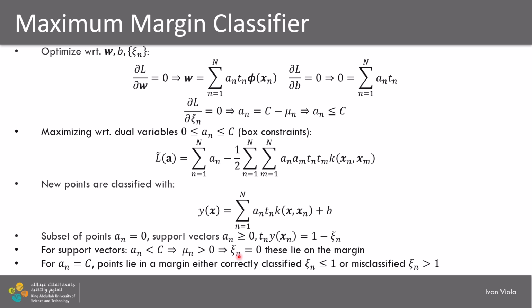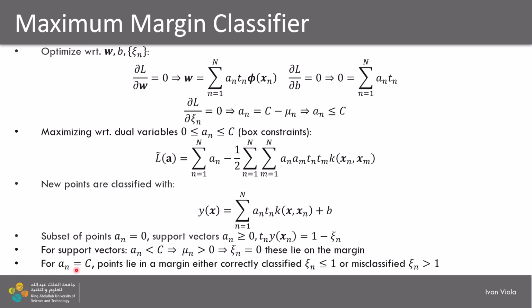So if this part of the product is non-zero, the slack variable needs to be 0, meaning that we have a support vector which lies on the margin, and therefore the slack variable, which expresses the degree of classification error, is 0.